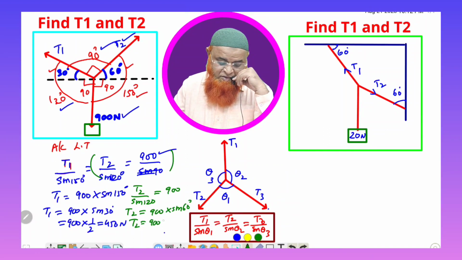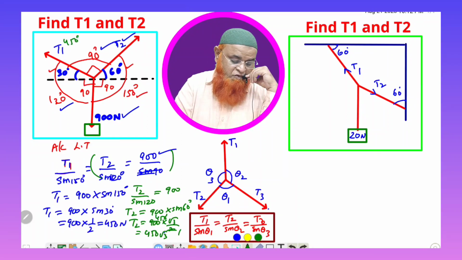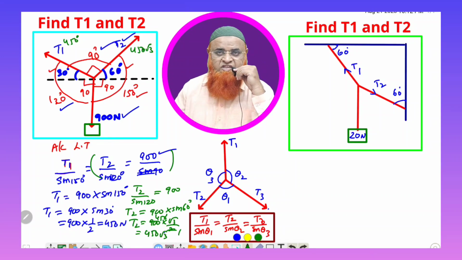So I can take T2 is equal to 900 into root 3 by 2. Your answer is going to be 450 root 3. Therefore we got T1 as 450 and T2 as 450 root 3. That's it. So we got the first problem.